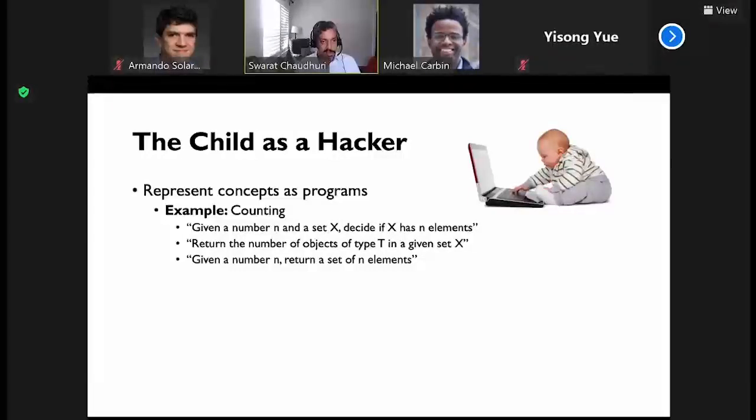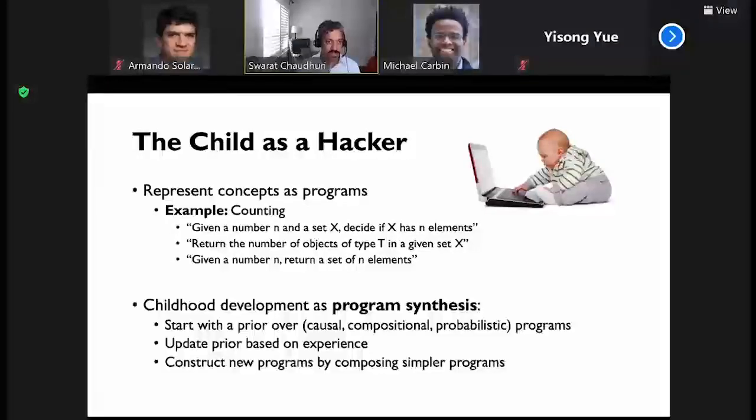Maybe you're given a set x and you have objects of different types, and you're thinking about the concept of counting as this function which returns the number of objects of type t in the set x. Or alternatively, you could also think of a function where you're given a number n and you're just returning a set of n elements. And these three are by no means the only ones. You could imagine adding more functions of this sort.